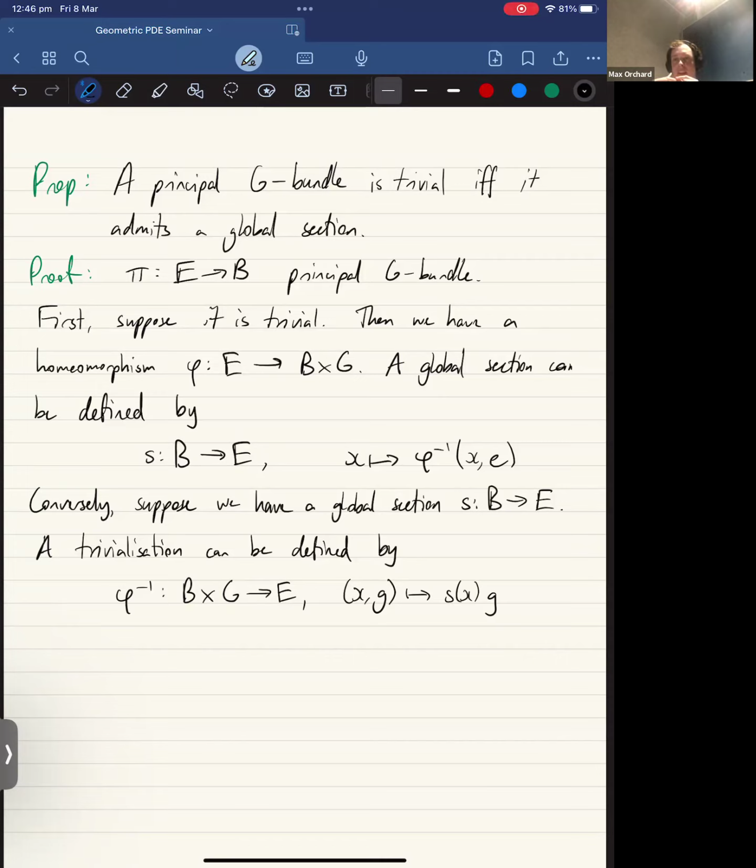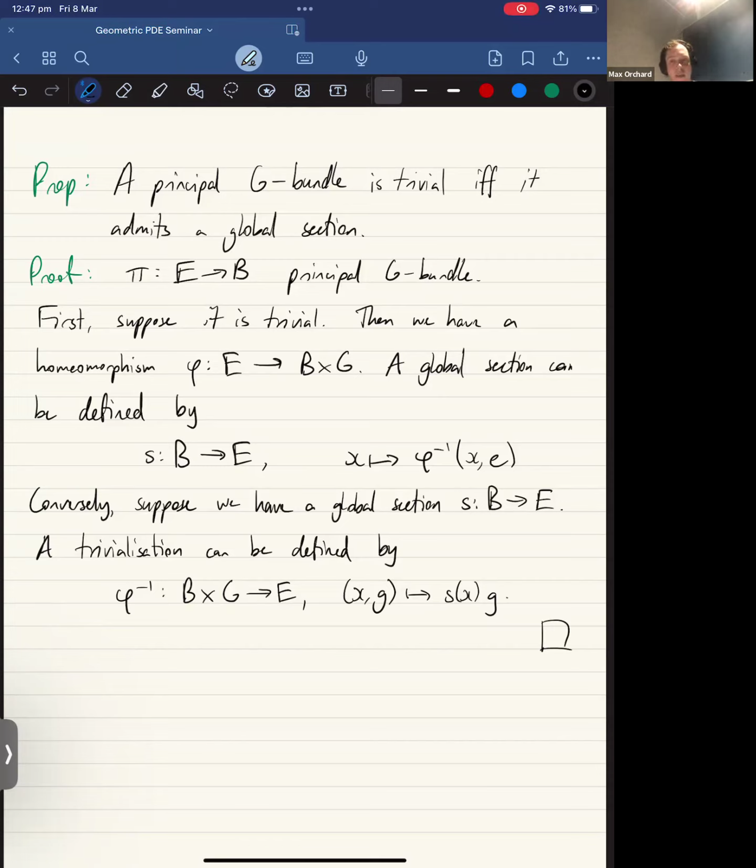We just send x to wherever the section takes us, and then we act on it by the group. And this is clearly continuous because we have a section which is continuous and the group action is continuous. It's a bijection because the action of G is free and transitive on the fibers. And also, the inverse can be a little bit harder to write down, but hopefully you believe that this is also continuous as well.